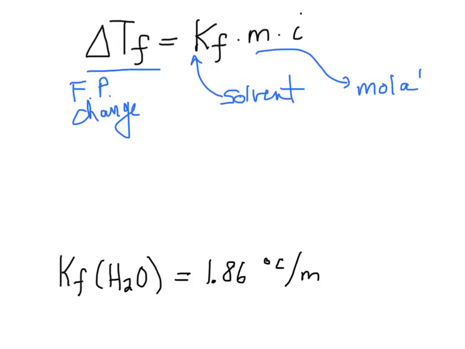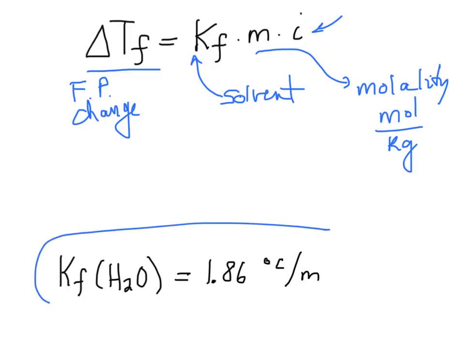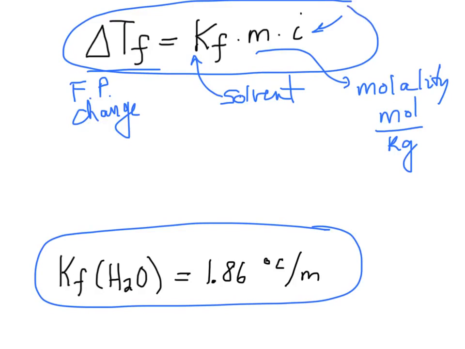Molality is little m, moles of solute per kilogram of solvent. And of course that's your i, your van 't Hoff factor. This is your Kf for water. You don't have to memorize it. I'll always give you Ks. You'll notice hopefully that this equation looks almost exactly like the one for delta Tb. It's just a Kf instead of a Kb. So why don't we practice a problem?